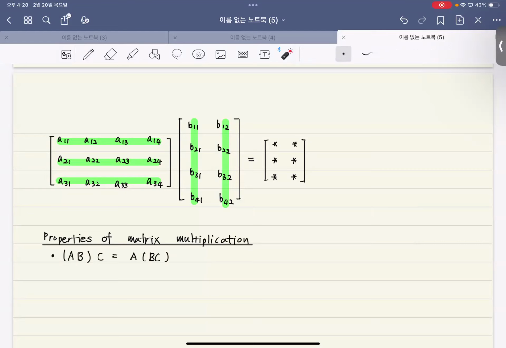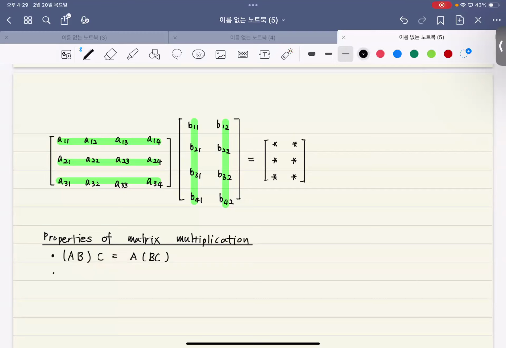The first property guarantees that the order of multiplication doesn't matter. So from now on, if you want to multiply more than 2 matrices, there is no need to put the parentheses every time. This property is called associativity.